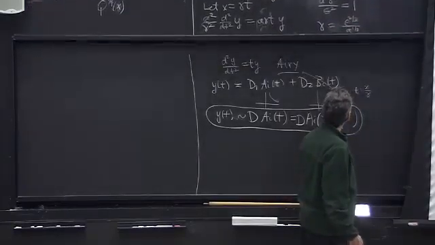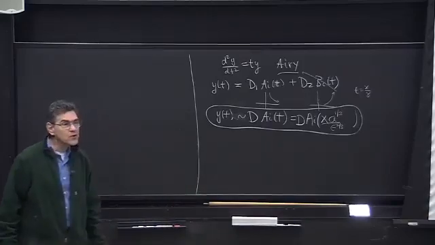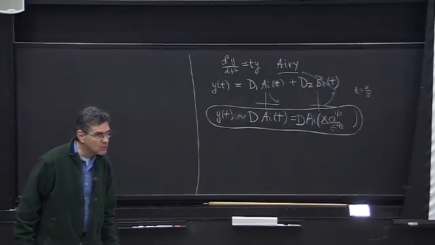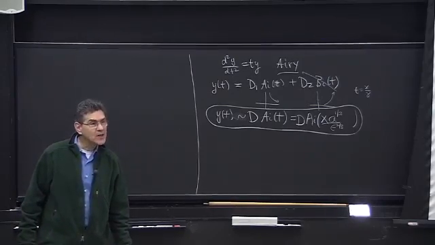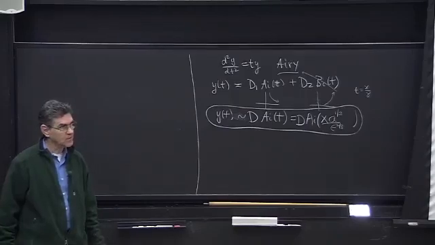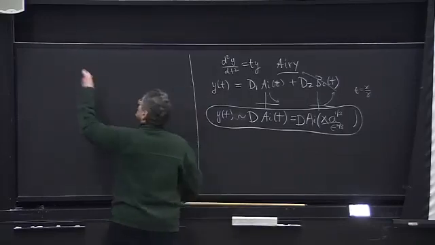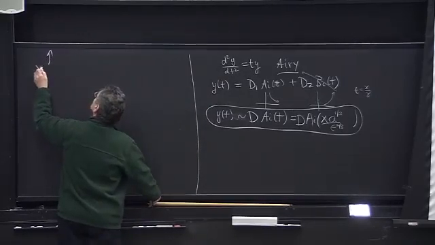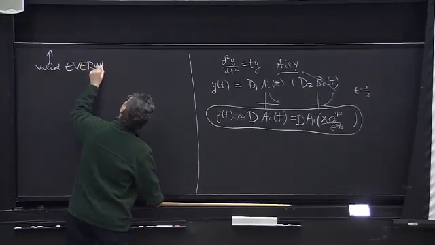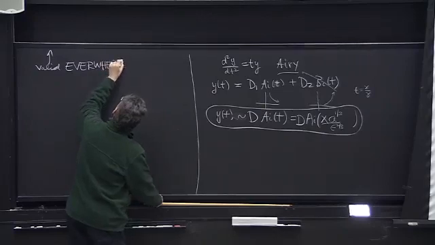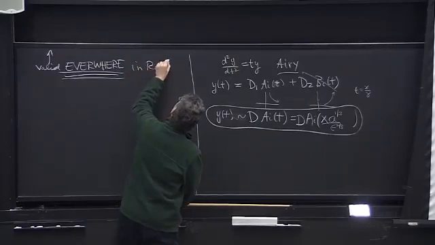So what we're going to do is amazing. We're going to construct an asymptotic approximation to an asymptotic approximation, which is valid in the overlap region. Now let me say this again. This is valid everywhere, and I emphasize everywhere, in region 1.